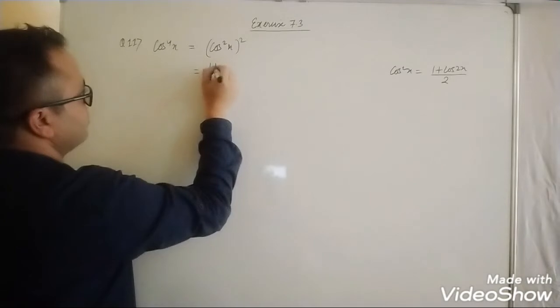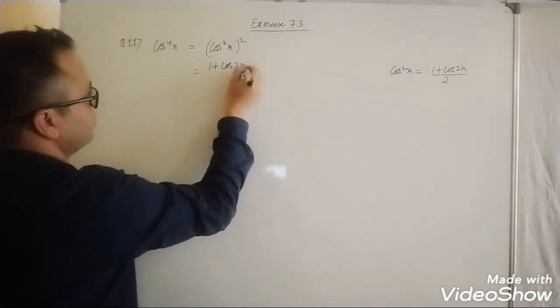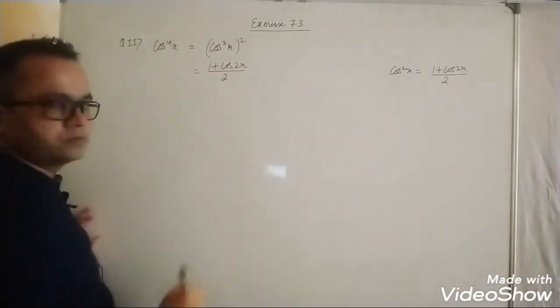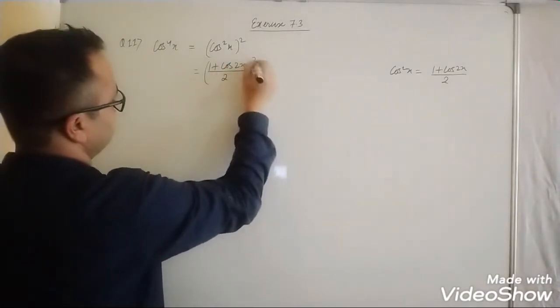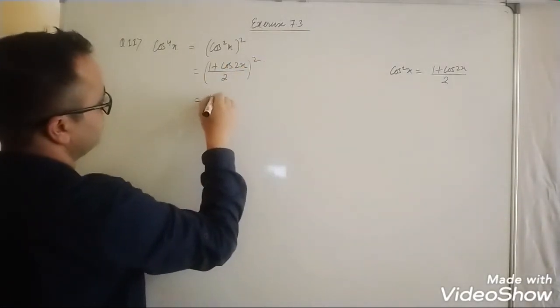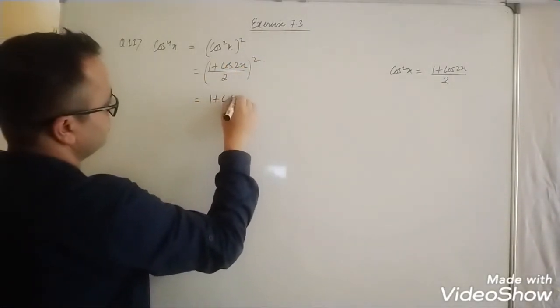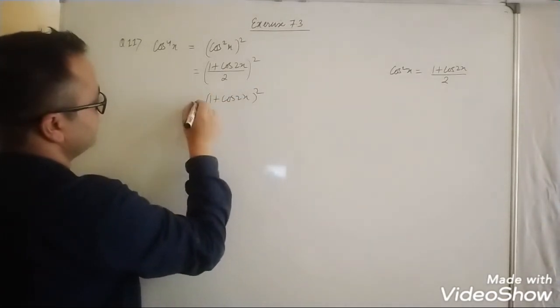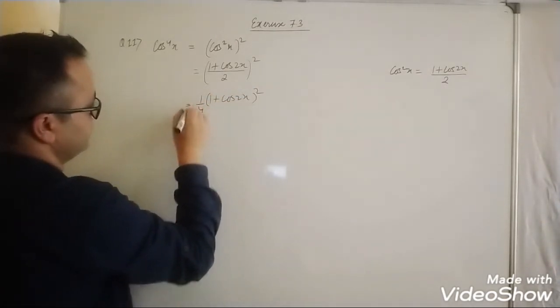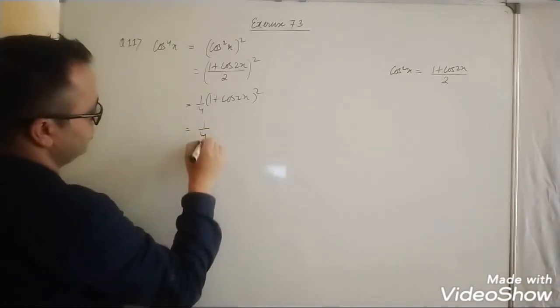So it is (1 plus cos 2x divided by 2) whole square. This equals (1 plus cos 2x) whole square, now what is the square of 2? It is 4, so it is 1 by 4.